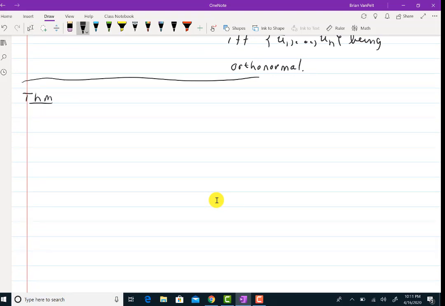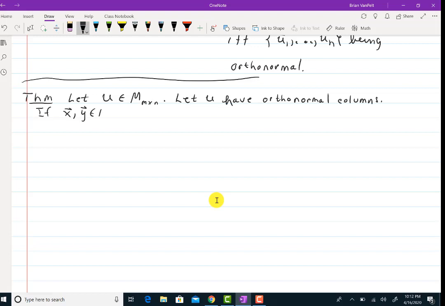Another theorem, once again, let U be an m by n matrix. Let U have orthonormal columns. If x and y are vectors in R to the n, then A, the norm of ux is the same as the norm of x.